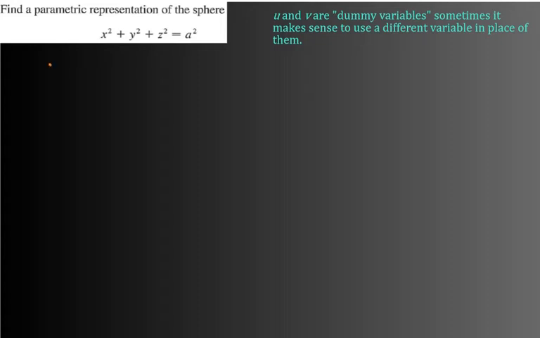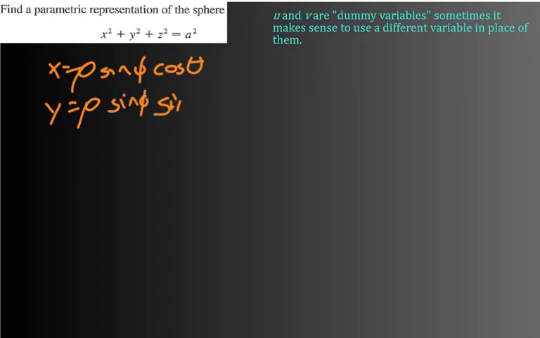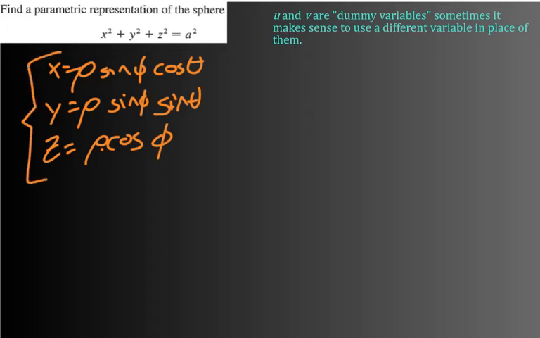Spherical coordinates are x equals rho sine phi cos theta, y is rho sine phi sine theta, and z is rho cos phi. Rho is basically the radius of the sphere. So if we have radius a, we could take my spherical coordinates and literally just change rho to a.